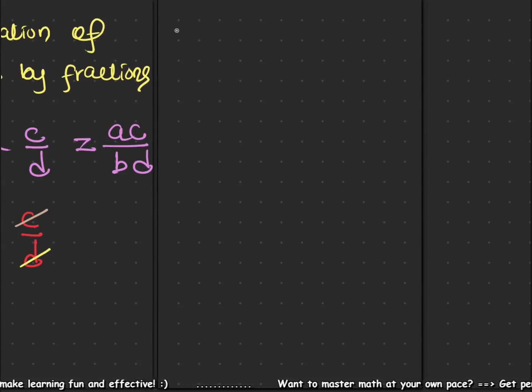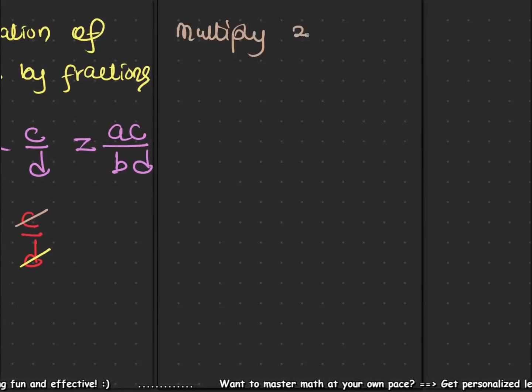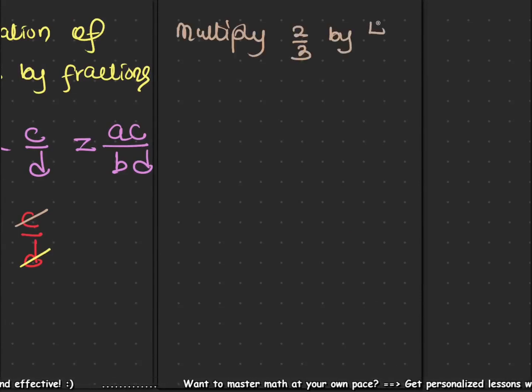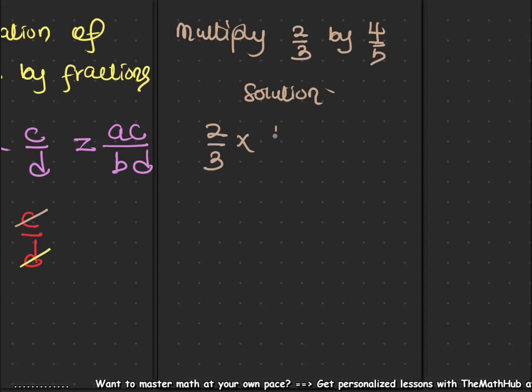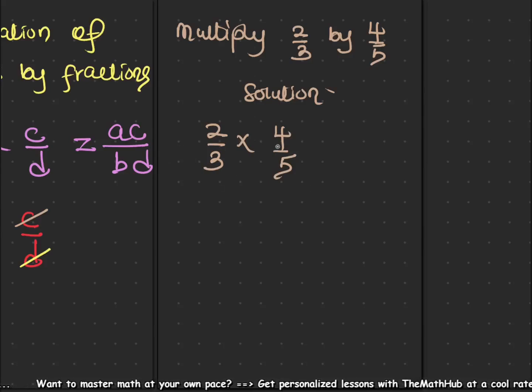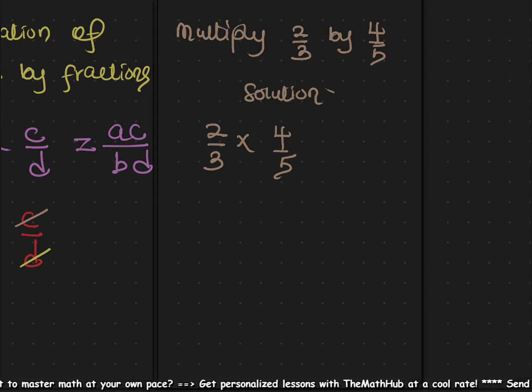For our first example, let's multiply 2 over 3 by 4 over 5. So our solution, we have 2 over 3 times 4 over 5. As you can see, it cannot be simplified in any of the directions we have spoken about. Take note, you don't simplify horizontally.